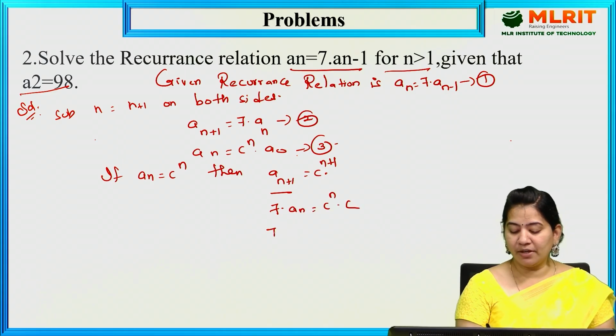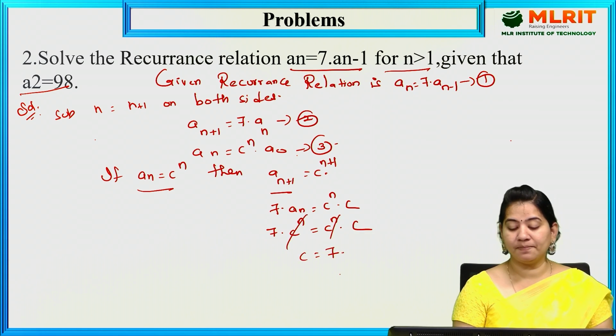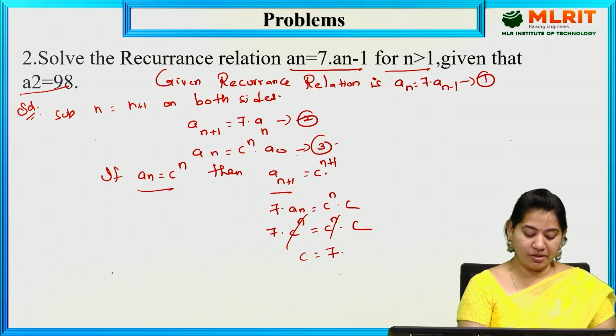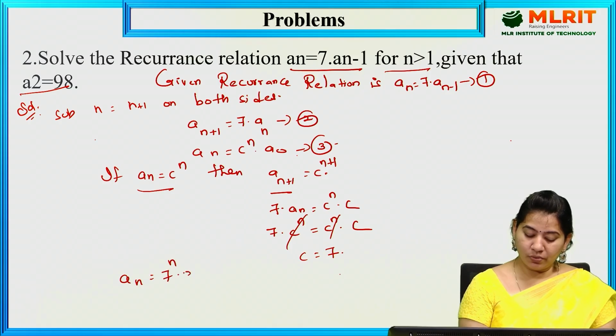So the c^n will get cancelled, and c is equal to 7. Substitute this 7 in equation 3. Then you will get a_n = 7^n * a_0.